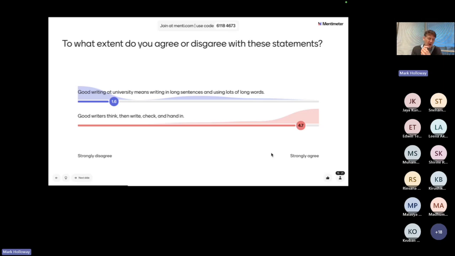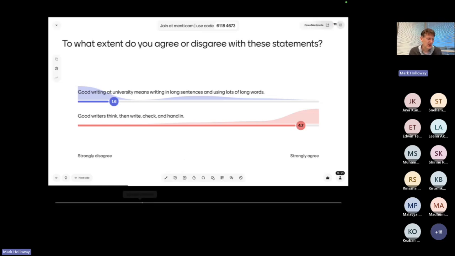It's more circular than that. You think, you read, you think, you write, you think, you read again, you might do some checking, you might do some more writing, you might then go back to thinking, you might go back to more reading, and then it's a much more circular process than this sentence suggests.